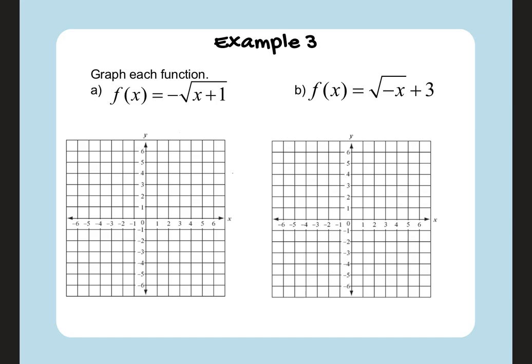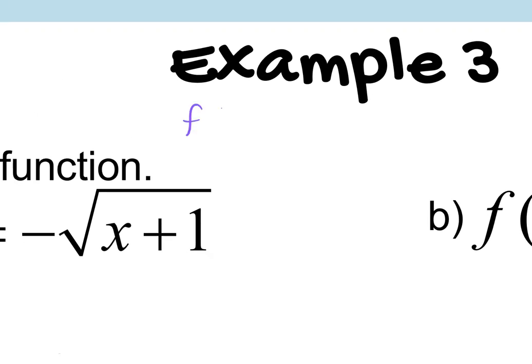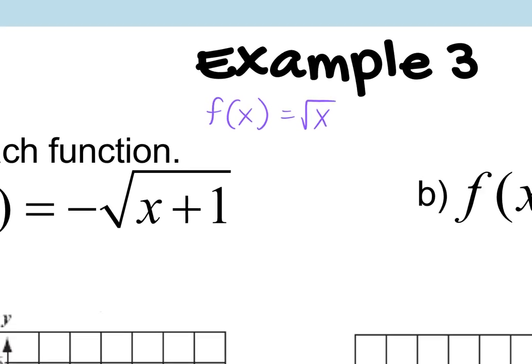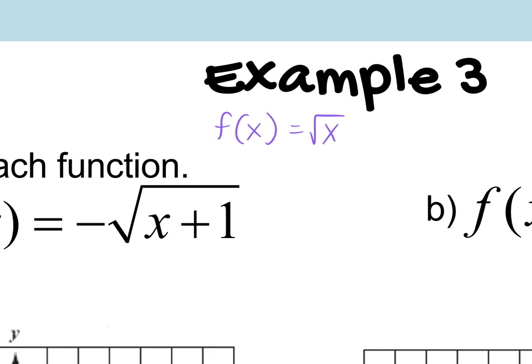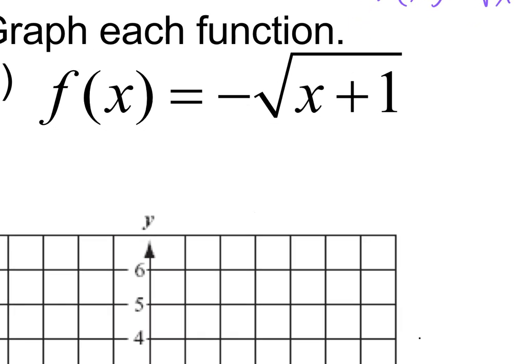All right, so let's talk about these. Again, what would the parent function be? Square root of x. So if it asks for the parent function, we're giving the equation. What does it look like? That little arc pointing to the right, right? So if I go to A, what are the transformations? Describe them.